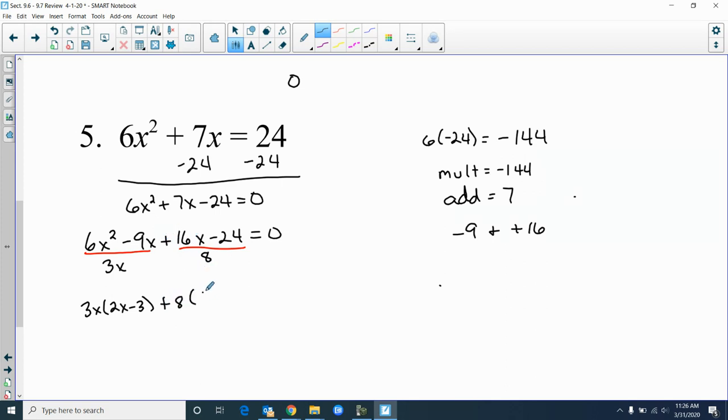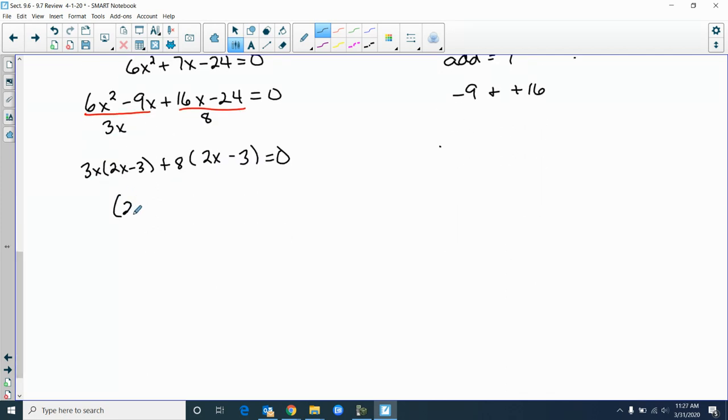And then when you divide, 16x divided by 8 is 2x. -24 divided by 8 is not 8, it is 3. Equals 0. Now you can break it apart into the 2x minus 3 times 3x plus 8.